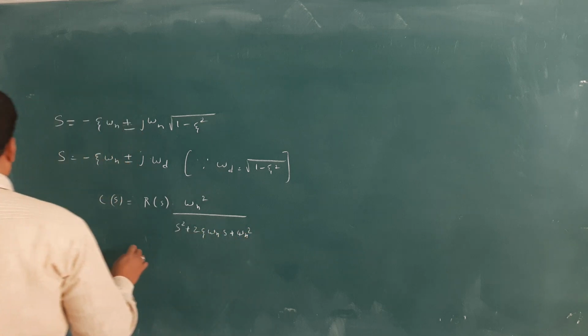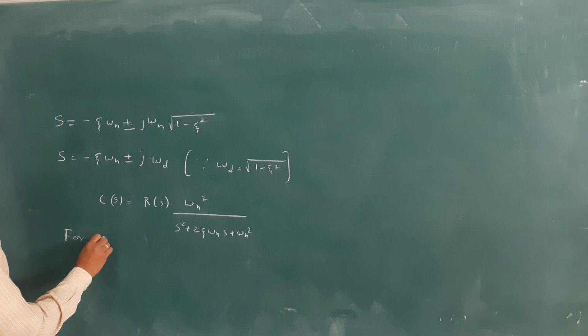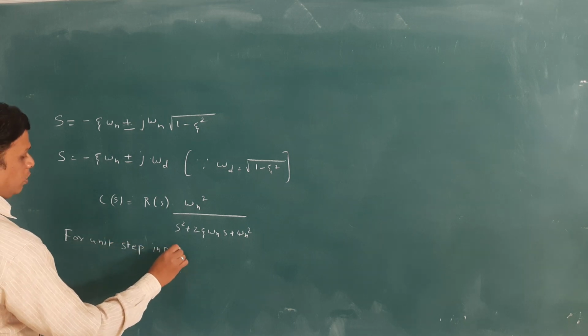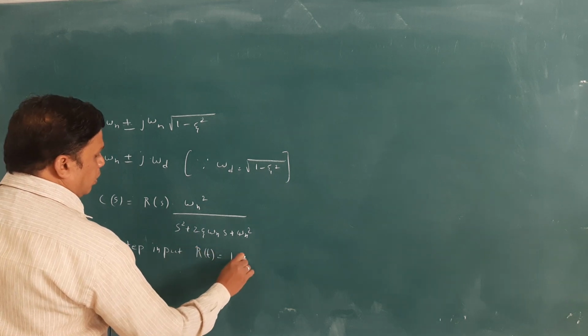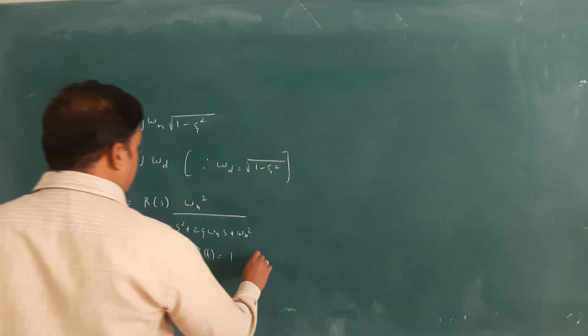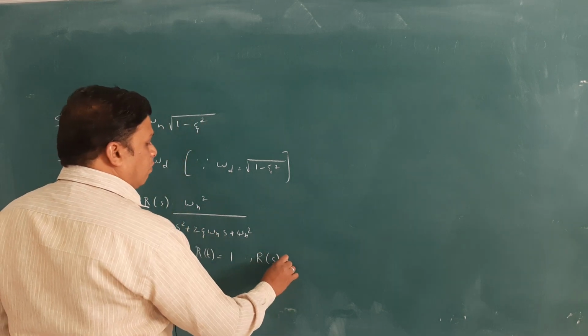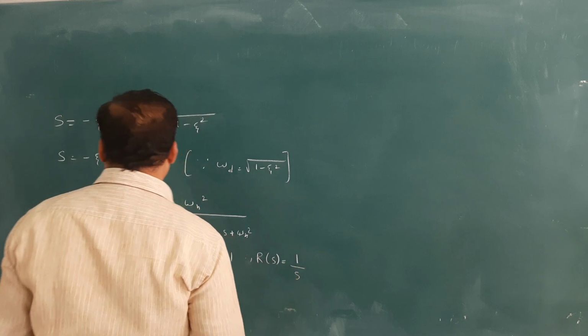For a unit step input, as you have been told already, R of t is equal to 1. Therefore, R of s is equal to 1 by s. I have already shown the table in the beginning.